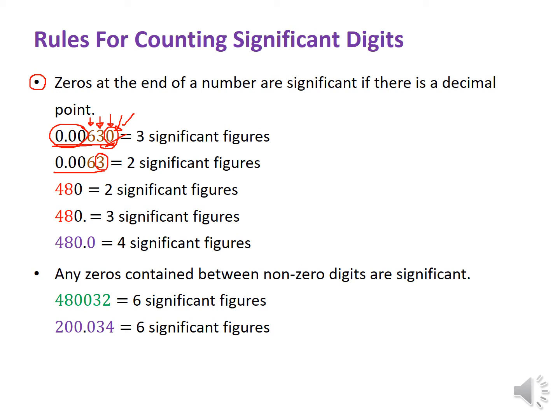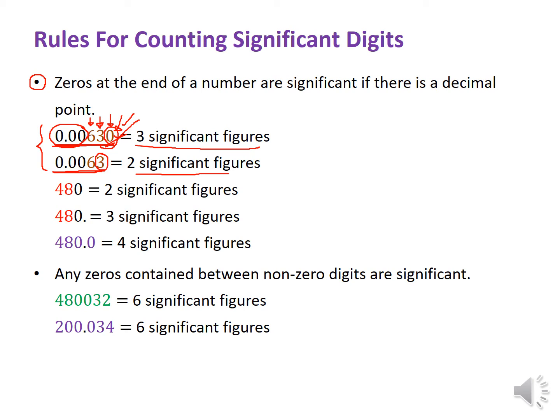For this reason, in the previous number, that means 0.00630, we have 3 significant figures, and the trailing 0 is also significant. And in the number 0.0063, we have 2 significant figures, and it is obvious that there is a difference between these two numbers.